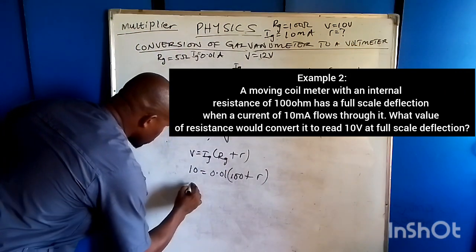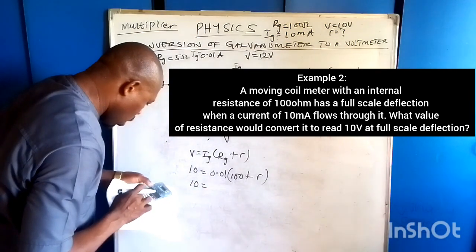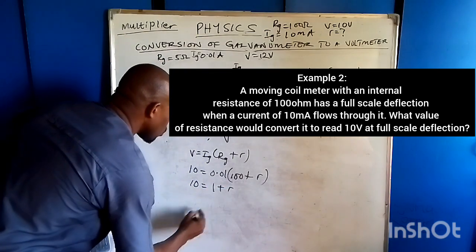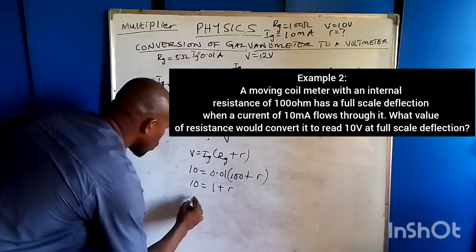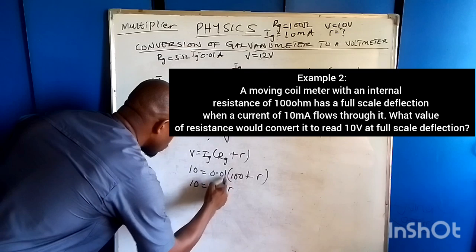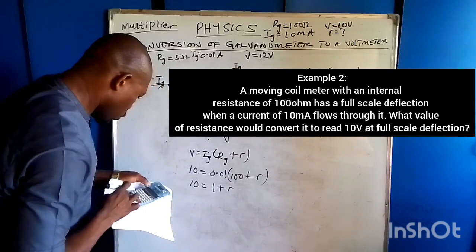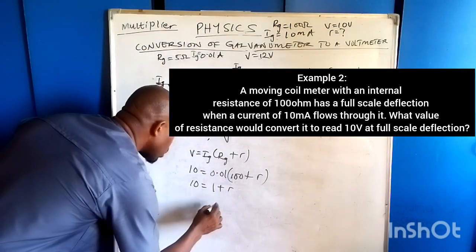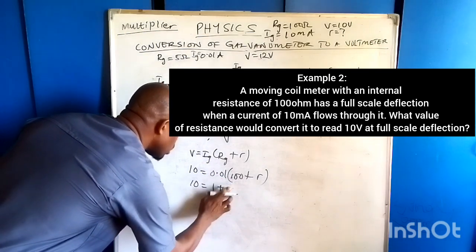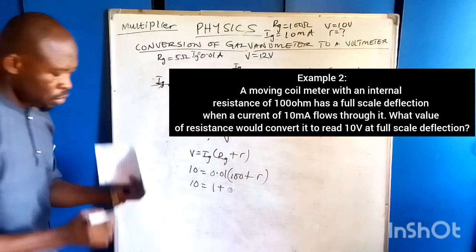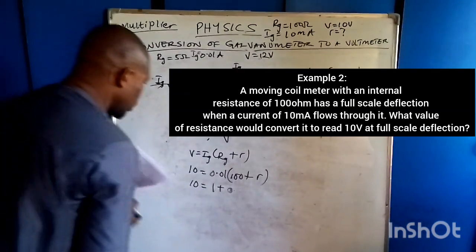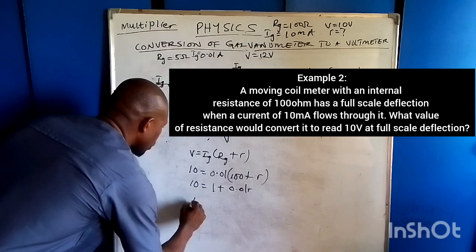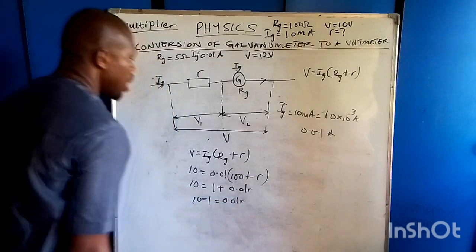We now have 10 equals 0.01 times 100, which gives us 1, plus 0.01 R. Now collect like terms. 10 minus 1 gives us 9, equal to 0.01 R. Make R the subject.